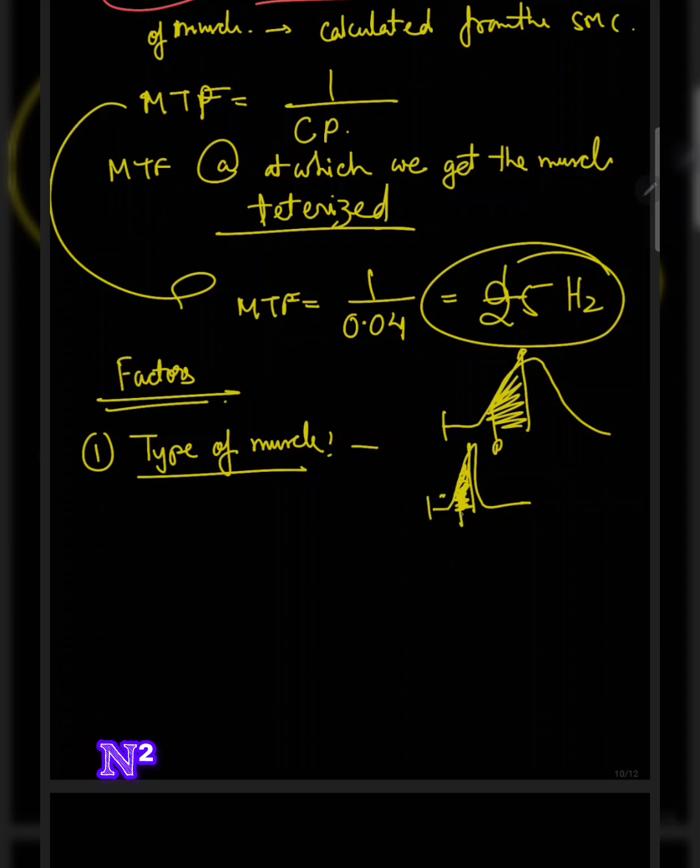Okay, the subsequent stimulation should arrive at a very quick interval. An example of a slow muscle is the soleus, the calf muscle.